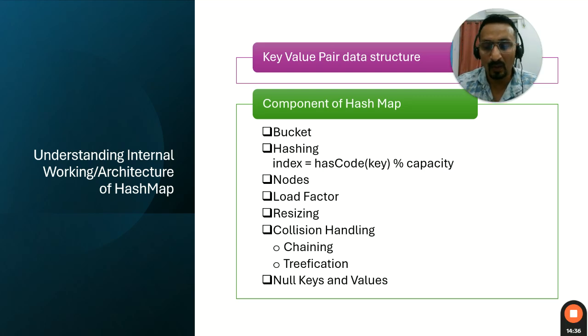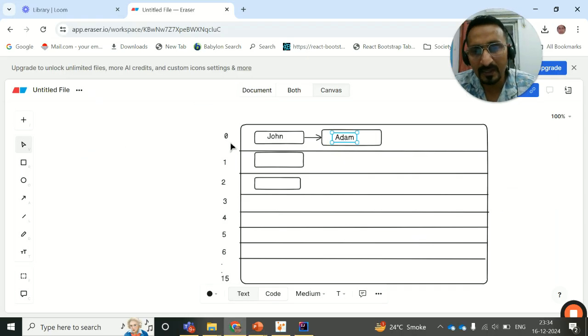Now treeification. Suppose you keep adding data, and the number of data in this bucket reaches some limit, and that default limit value is 8. In the sense, if this bucket has 8 nodes, Java converts this linked list into a tree node, and that's only from JDK 8 onwards.